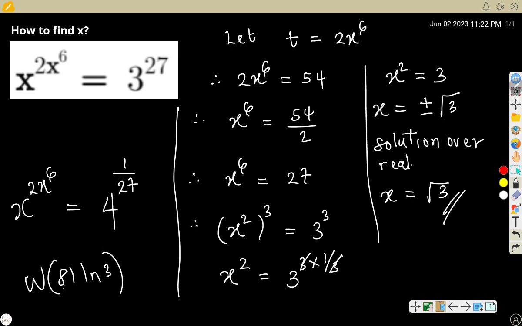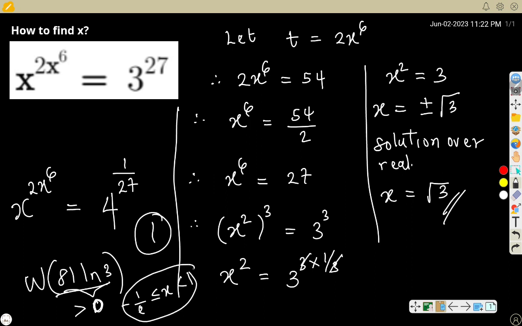So anytime what you have inside W is greater than 0, you have one answer. But if what you have here is greater than minus 1 over e and is less than 0, then you will have two answers there.